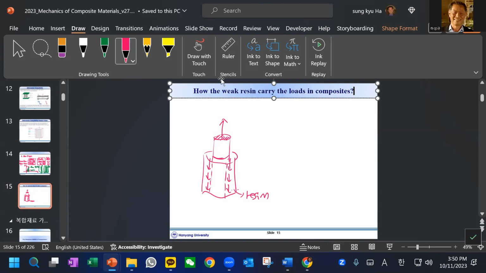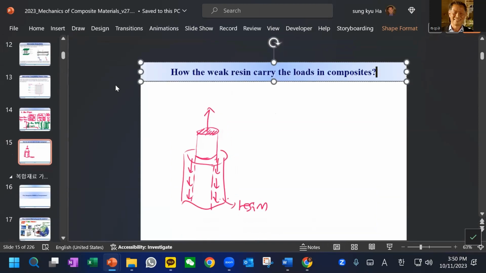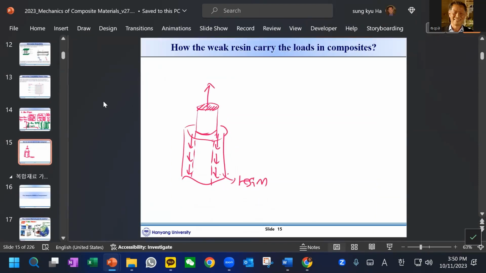This is the question we should be able to answer. So in a big composite material, a very local break can happen very easily, in either short fiber or long fiber. It can always happen.